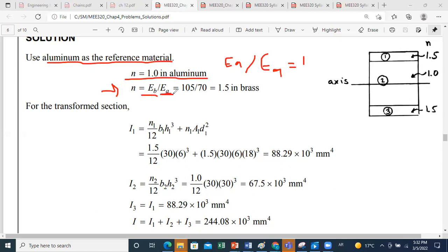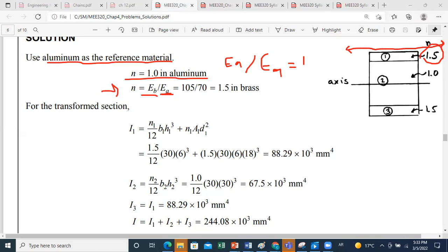Okay, now the second step will be to calculate the inertia of the modified section. As you can see here, you can just put the value of n near the area to remember that I should multiply this area by 1.5. So I should multiply the dimension parallel to the neutral axis by 1.5.